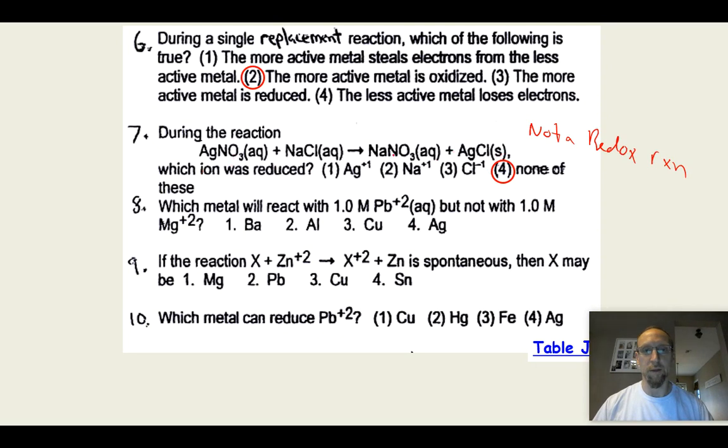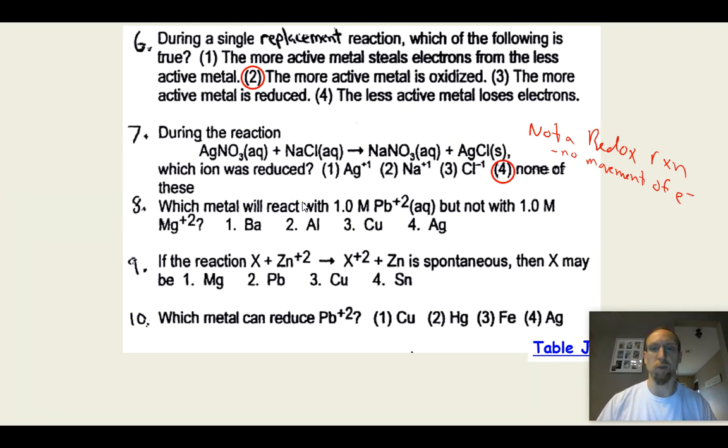So if we went through and assigned oxidation states to all of these elements, nobody's changing. So this is not a redox. There is no movement of electrons. So nobody's oxidized, nobody's reduced. Trick question. So don't forget how to identify a redox reaction.